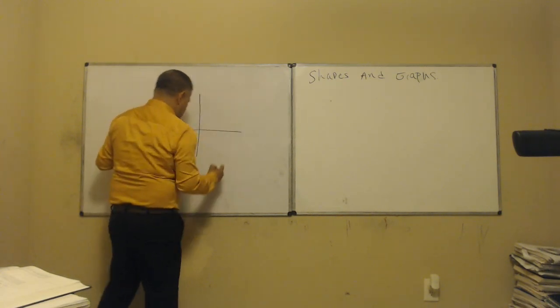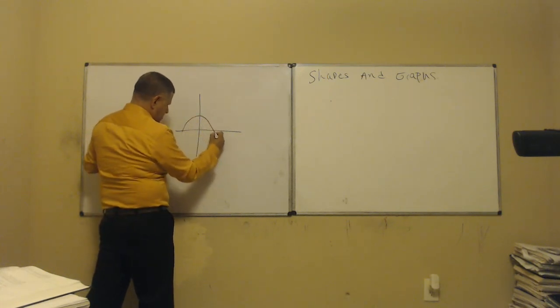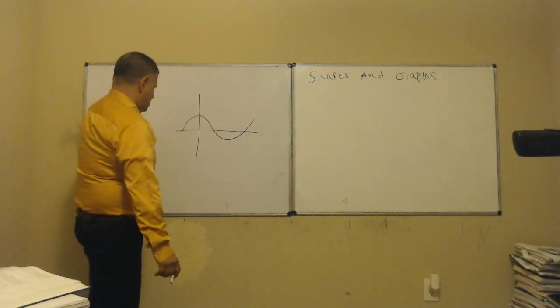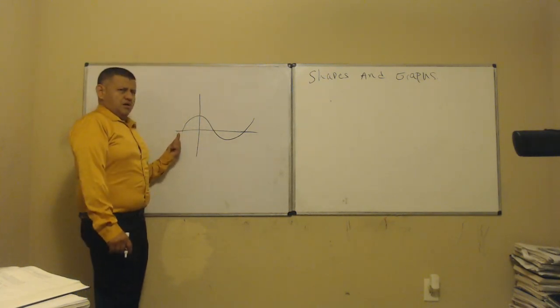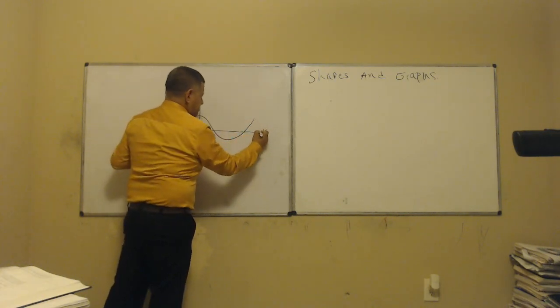So maybe a graph looks like this, right? Based on this graph, this is y and this is x, right?